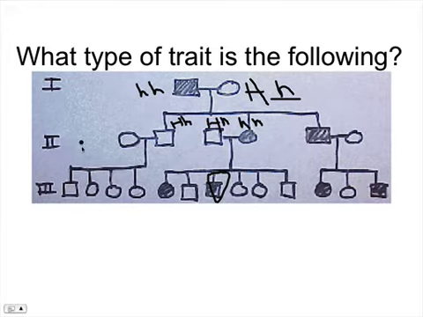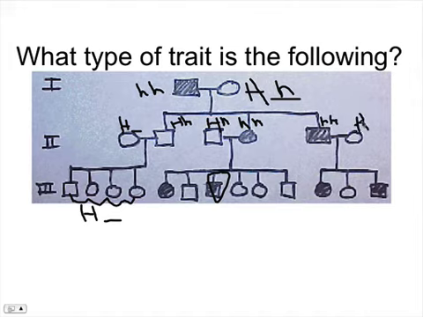All of these here would be a big H and something. And these four, I don't know what they are. I would say that they're big H something. They could be big H, little h, or if he's homozygous dominant, they could be big H, big H. I don't know. Again, little h, little h. This one has to be big H and little h because of this little h, little h.